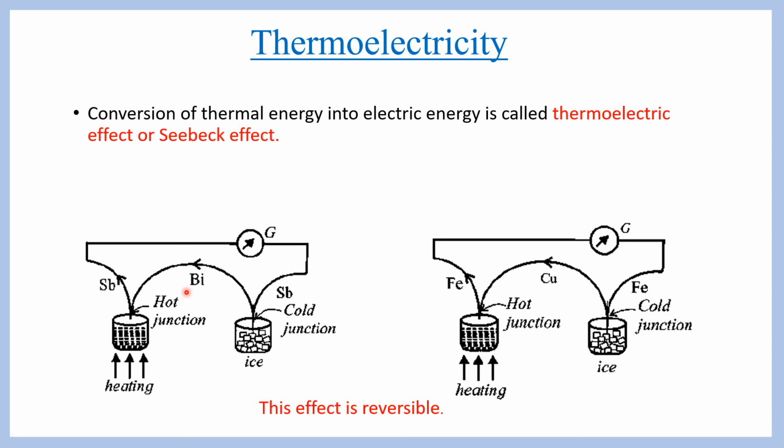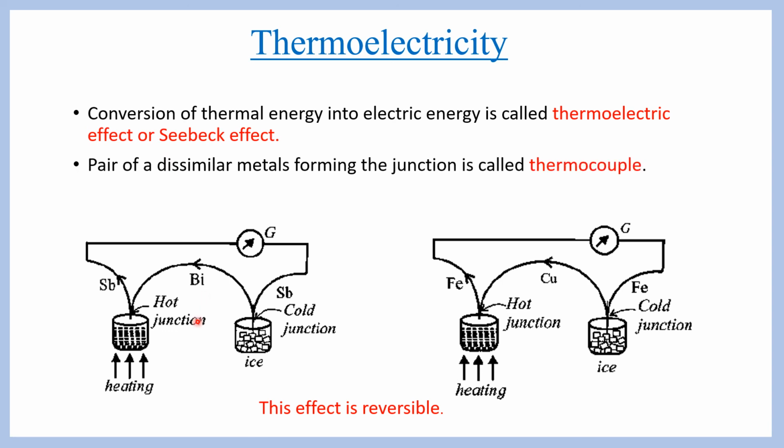The small EMF that is generated is called thermo EMF, and these two dissimilar metals joined together to form two junctions is called a thermocouple. The EMF generated due to heating of one junction and cooling of the other junction is called thermo EMF.